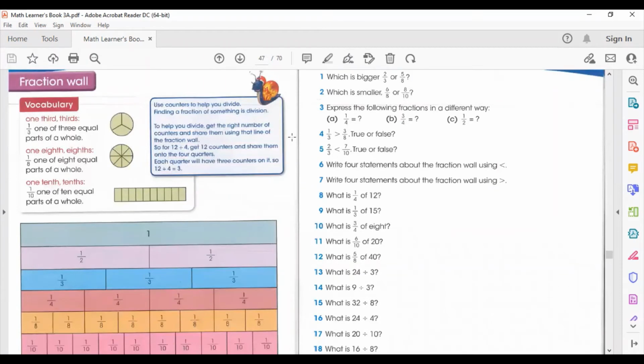Which is bigger, 2 by 3 or 5 by 8? We are using the wall, so it's easy to solve. Let us do it. Which is bigger, 2 by 3? Where is 3?